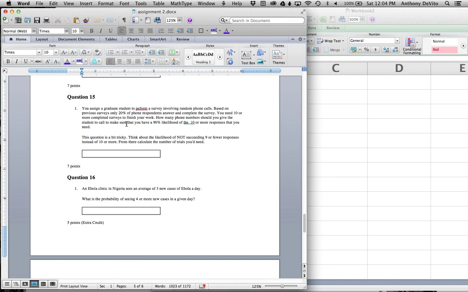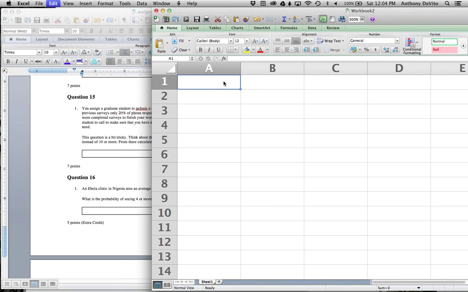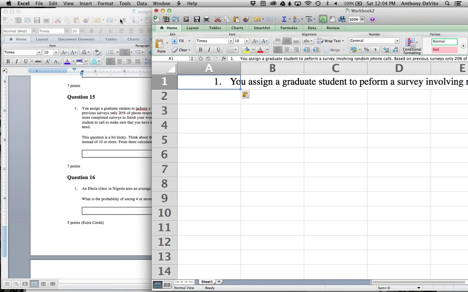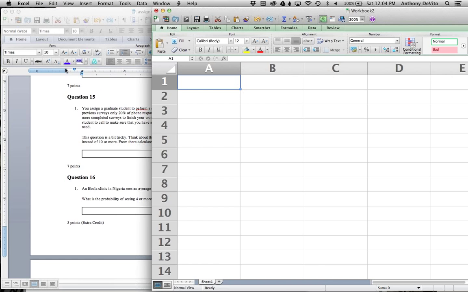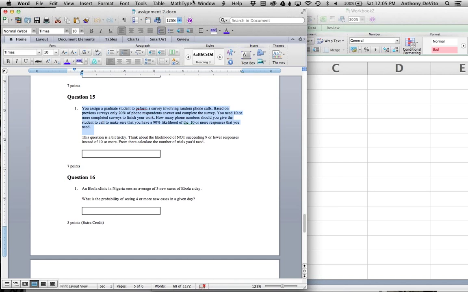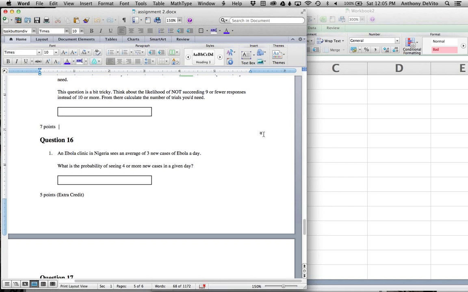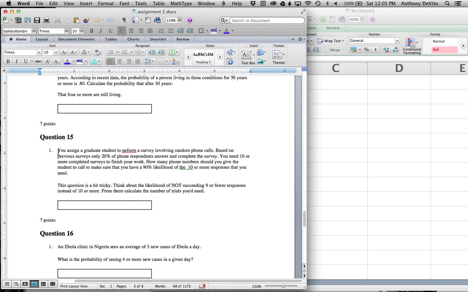Okay, binomial distribution. I'm going to rephrase that question a little bit, and work through it in a couple of steps.